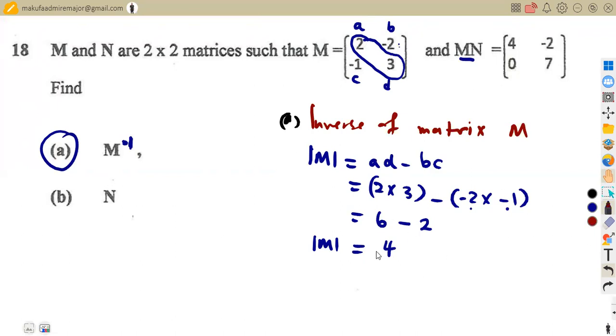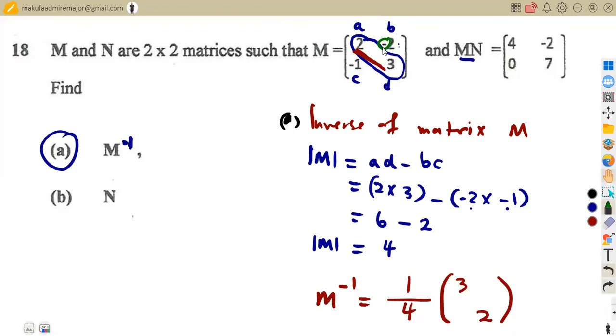After determining our determinant, the inverse of matrix M, which is M to the power -1, is going to be 1 over the determinant, 1/4. Then in the major diagonal, we interchange the numbers. Where there's 3, we put a 2, and where there's a 2, we put a 3. In the minor diagonal, we multiply by a negative.